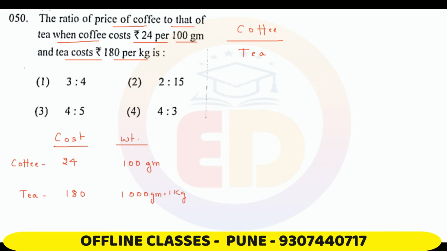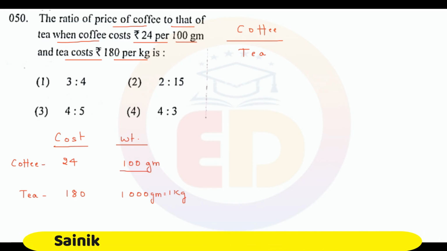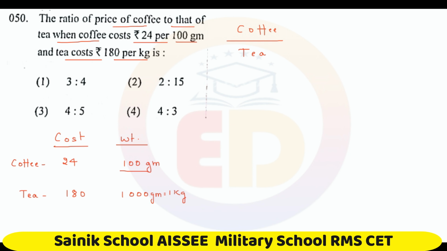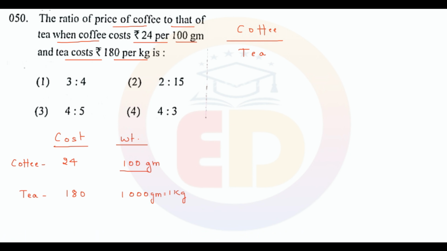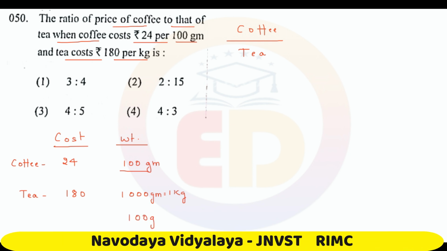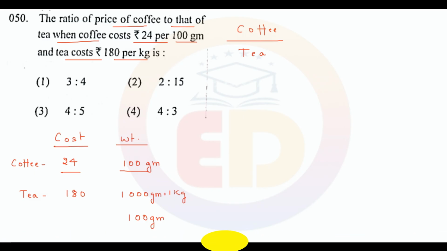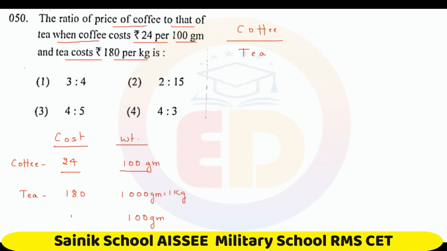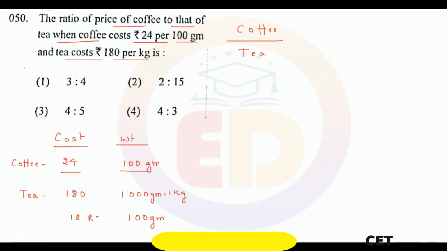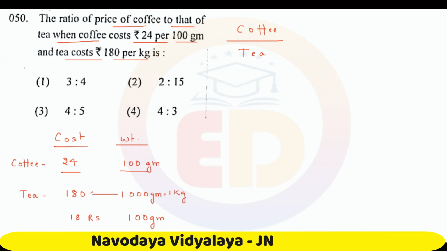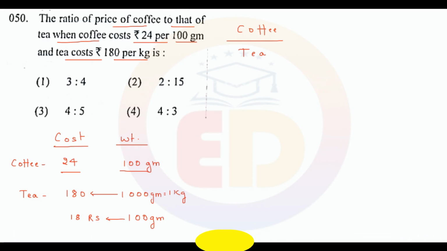If the weight of coffee is taken as 100 gram, then we should also take the weight of the tea as 100 grams. Question is simple, because if 100 gram coffee is costing 24 rupees, then 100 gram of tea will be 18 rupees. Very simple. 1000 gram is 180, so 100 gram will be, just remove one 0, it will be 18 rupees.